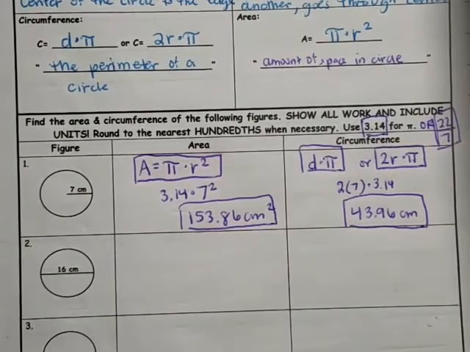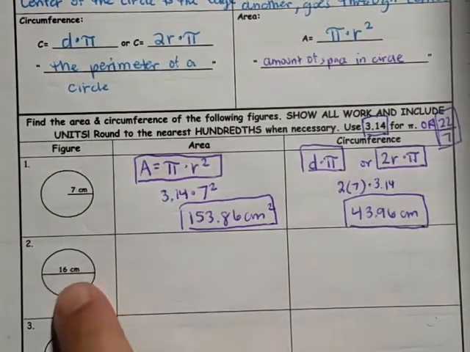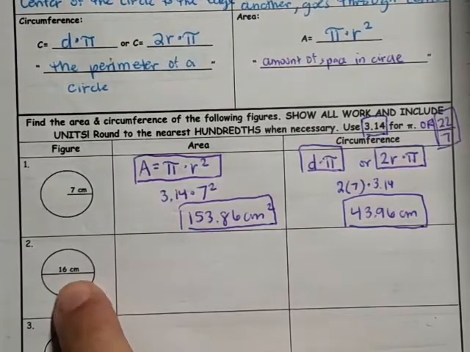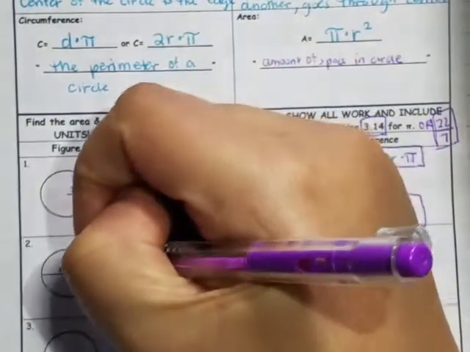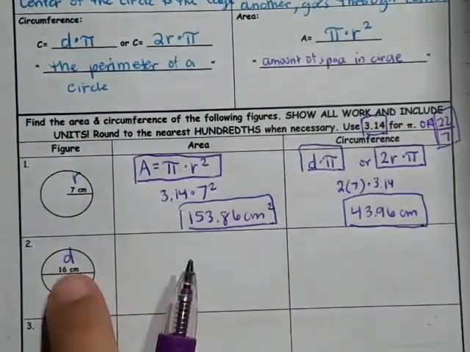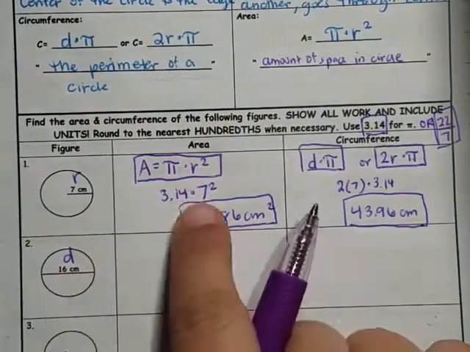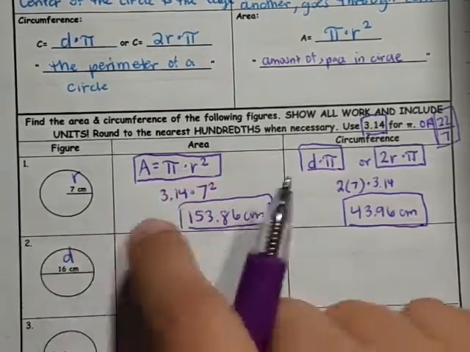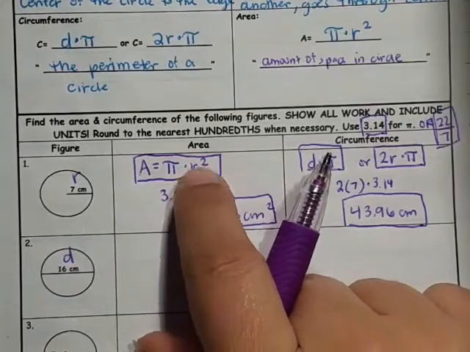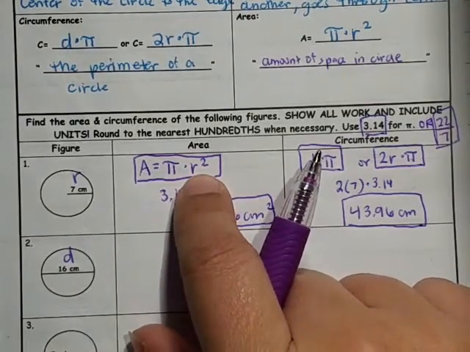Okay. Moving on. So here we've got 16 centimeters going all the way across, so that's our diameter, right? So this was radius, this is diameter. We are going to have to cut this in half because for our area equation, we need to use the radius.